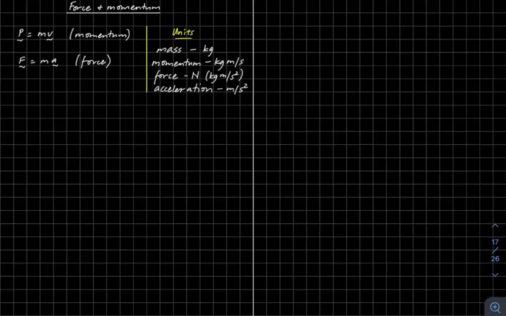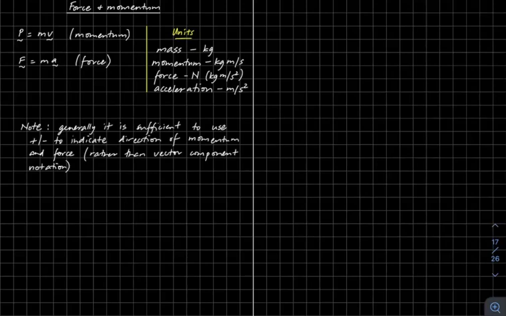Now, just before we go on to talk about some examples, we should clarify that typically when we're working with these sorts of problems, we're really just talking about motion in a straight line, and so it's generally sufficient to just use a plus or minus to indicate the direction of momentum and or force, rather than needing to use vector component notation all the time.